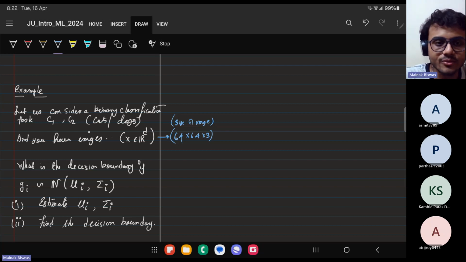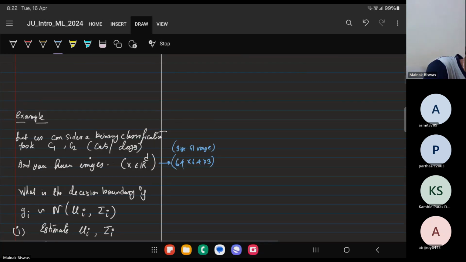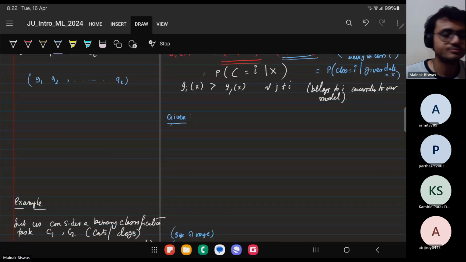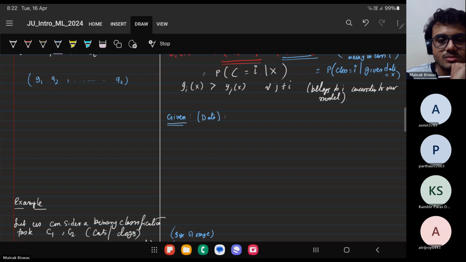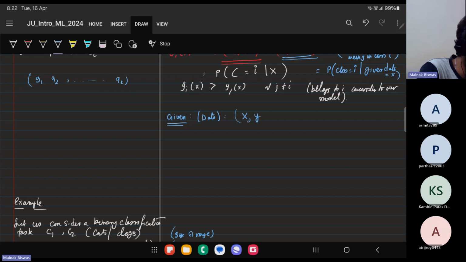Okay, so what have I been given? What is given to us? The data that is given to us is X_i and Y_i, for i equal to 1 to n.